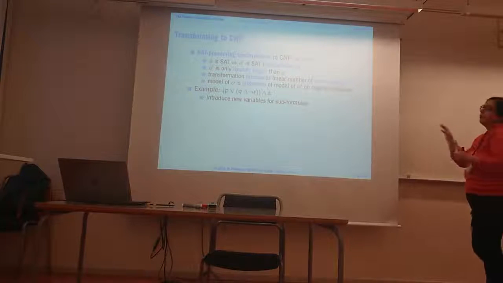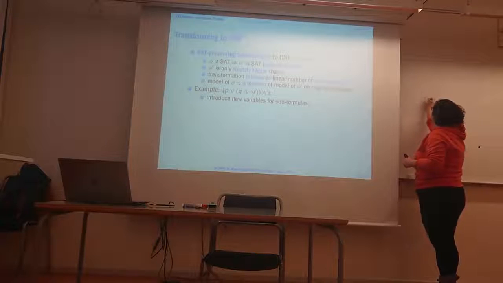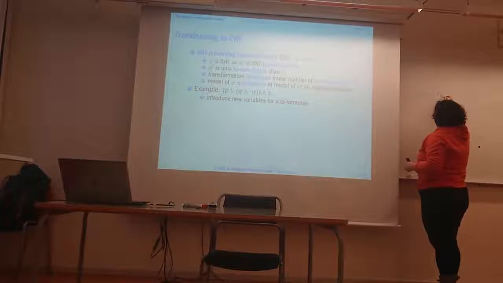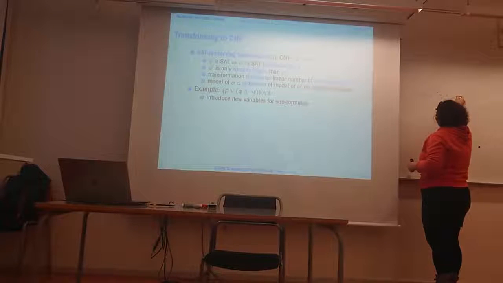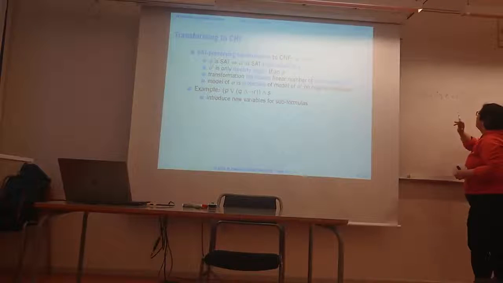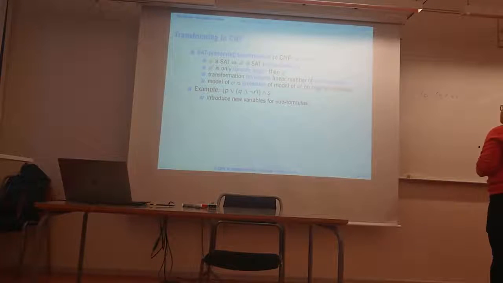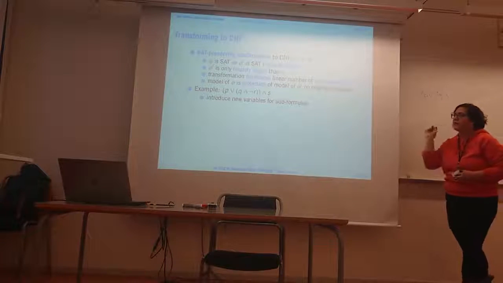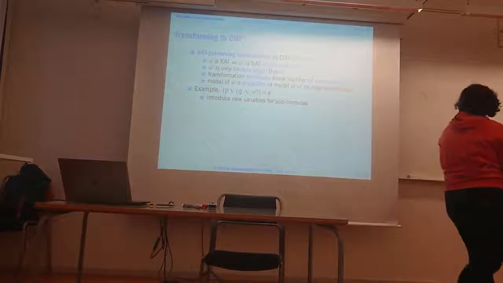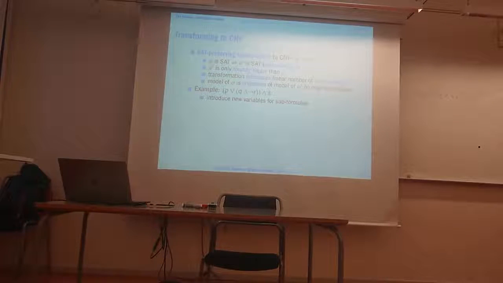So the formula that we have is P or Q and R and S. I went through this yesterday with myself just to make sure that I know it. It's really interesting to do these things by hand because it's very error prone.